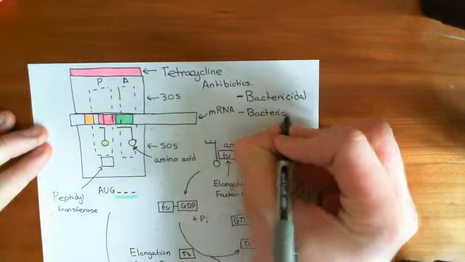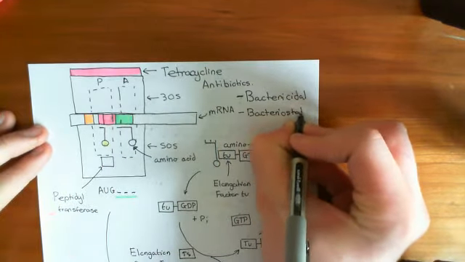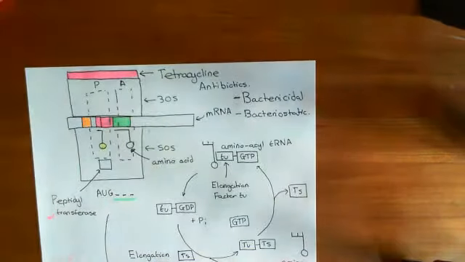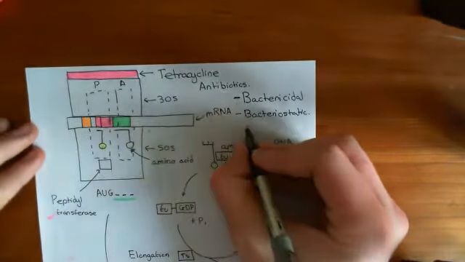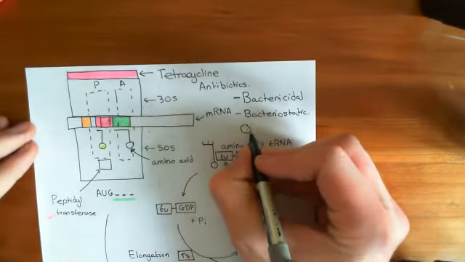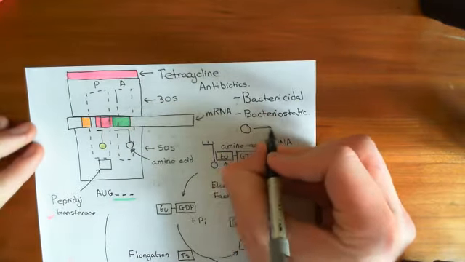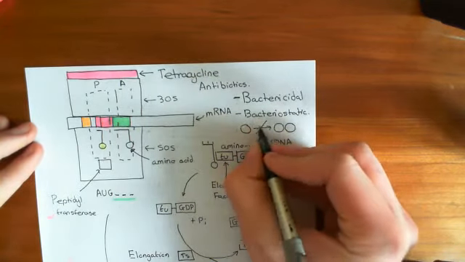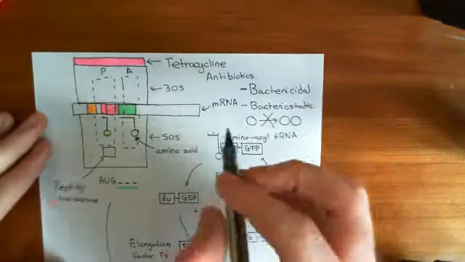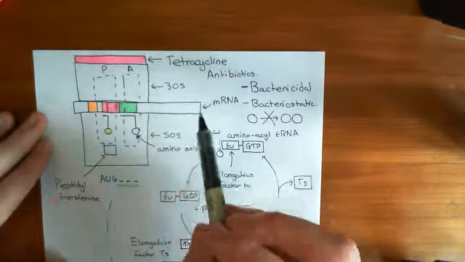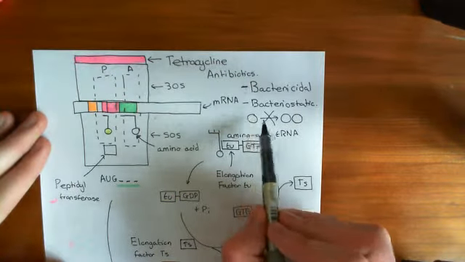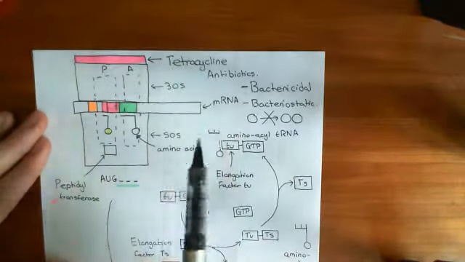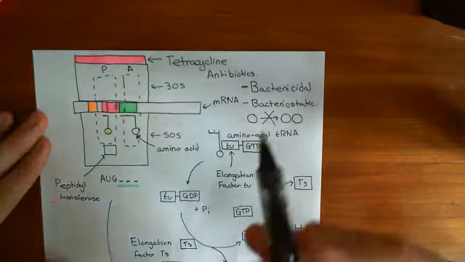Tetracycline antibiotics are what are known as bacteriostatic antibiotics. Bacteriostatic antibiotics are antibiotics which do not kill the bacterial cell. Instead, they just stop it from dividing. The ones that are already there don't die, but it stops them from being able to divide. And tetracycline stops it from being able to divide because if a cell is to divide, it needs to produce a huge amount of proteins.